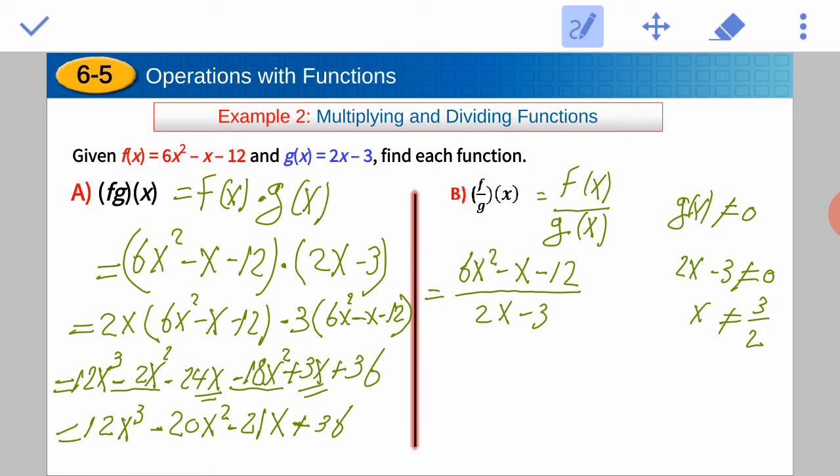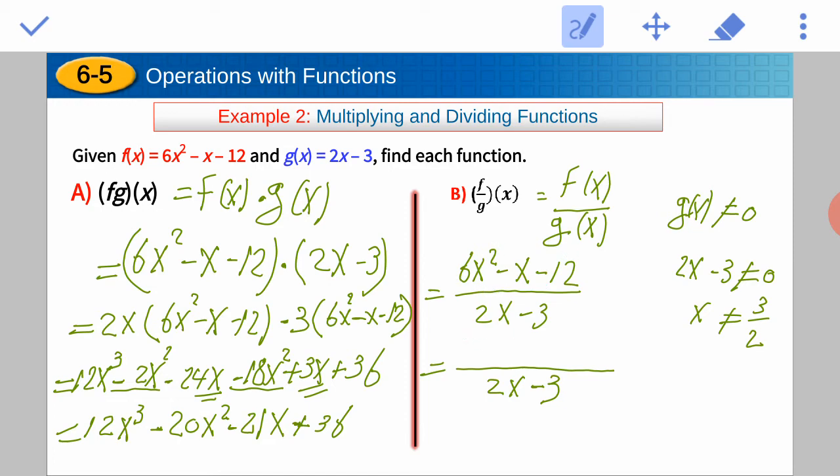How do I simplify this quotient? By factoring. I can do nothing for 2x minus 3. It's already a linear binomial, already in the simplest form. But if you take a look at the numerator, you will find it's a quadratic trinomial.